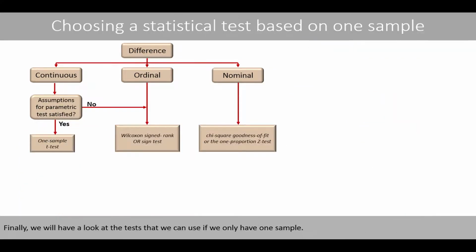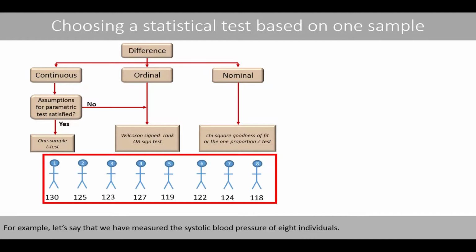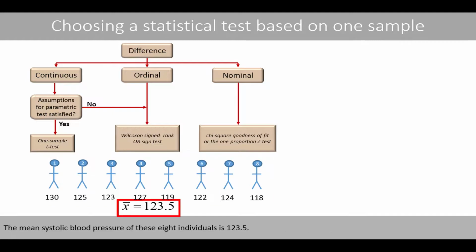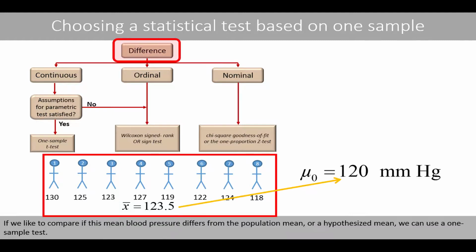Finally, we have a look at tests that can be used if we only have one sample. For example, let's say that we have measured the systolic blood pressure of 8 individuals. The mean systolic blood pressure of these 8 individuals is 123.5. If we like to compare if this blood pressure differs from the population mean or hypothesized mean, we can use a one-sample test.